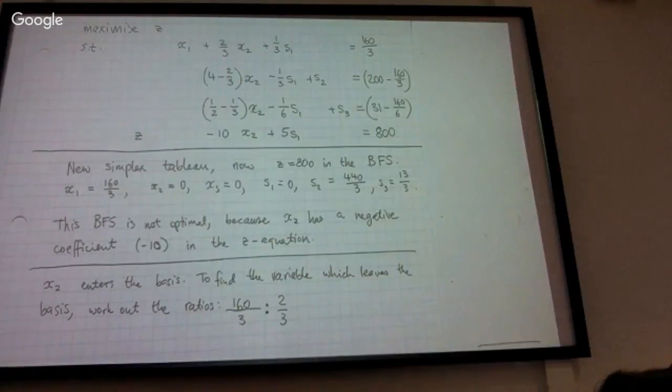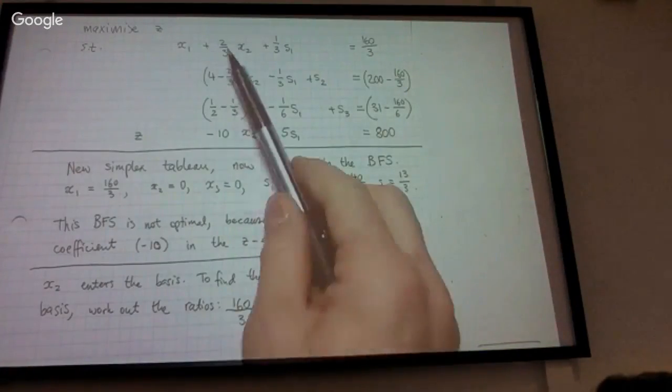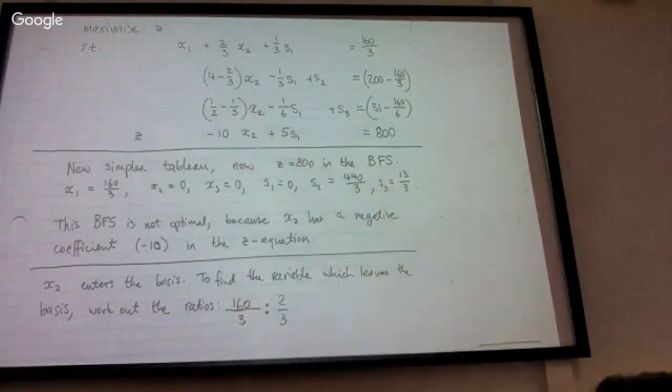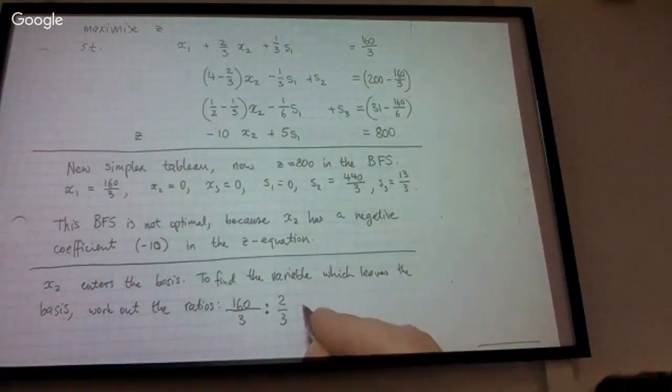Where have I got the numbers from? First equation. Yeah, first equation, the right-hand side is 160 thirds, and the coefficient of the variable that's entering is 2/3. So we get 80.